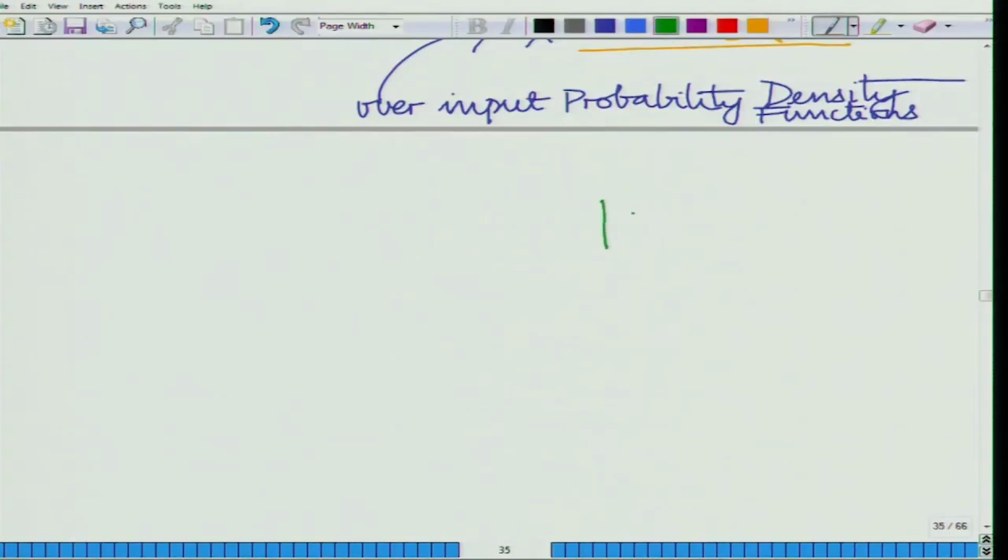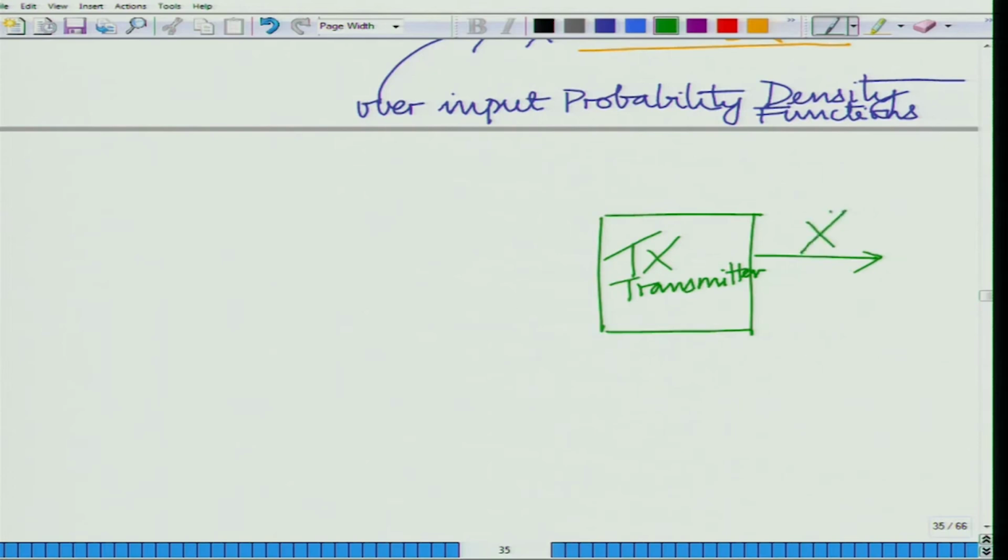So I have a transmitter transmitting a signal X, which is connected to a power source that supplies the power.